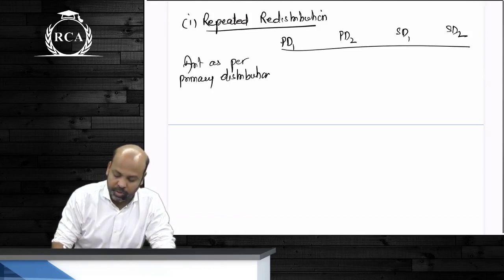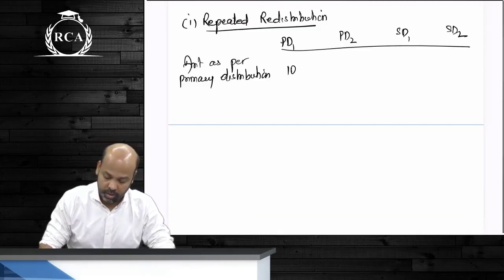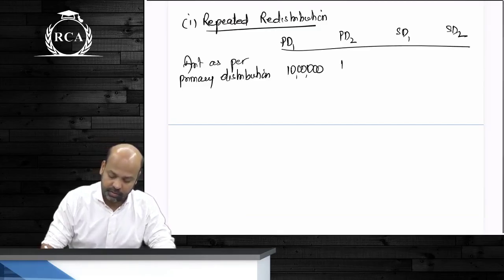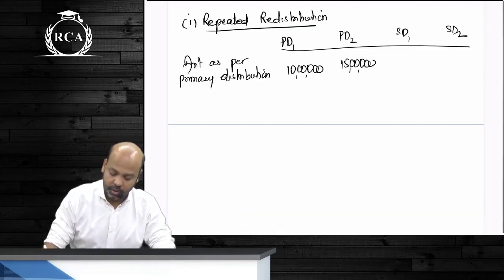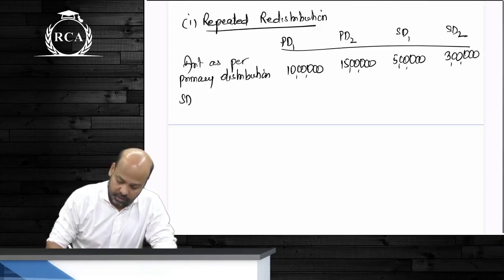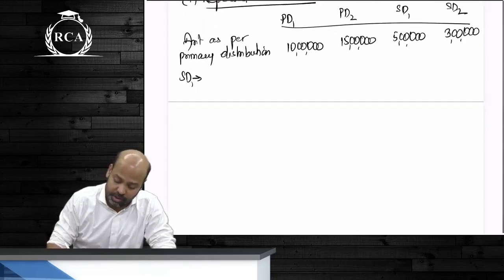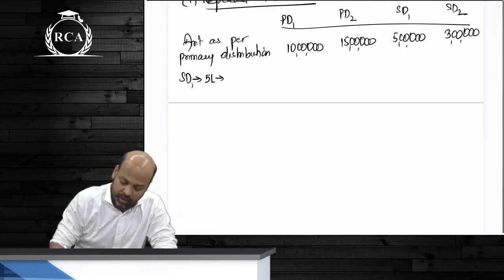The amount as per primary distribution, guys, production department 1 is 10 lakhs, 15 lakhs, 5 lakhs and 3 lakhs. I told you the order of reapportion does not matter, guys, but then we preferably reapportion SD1. So that 5 lakh rupees, guys, will be reapportioned to which departments? It will be reapportioned to PD1, PD2 and SD2.